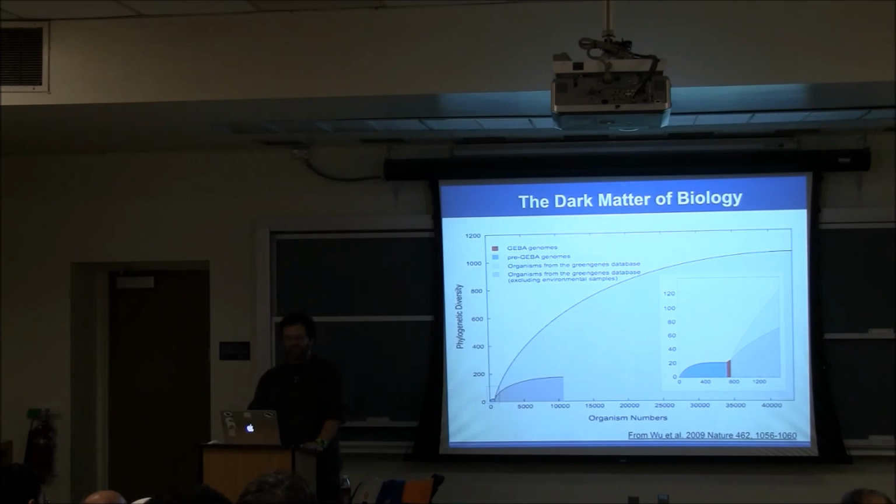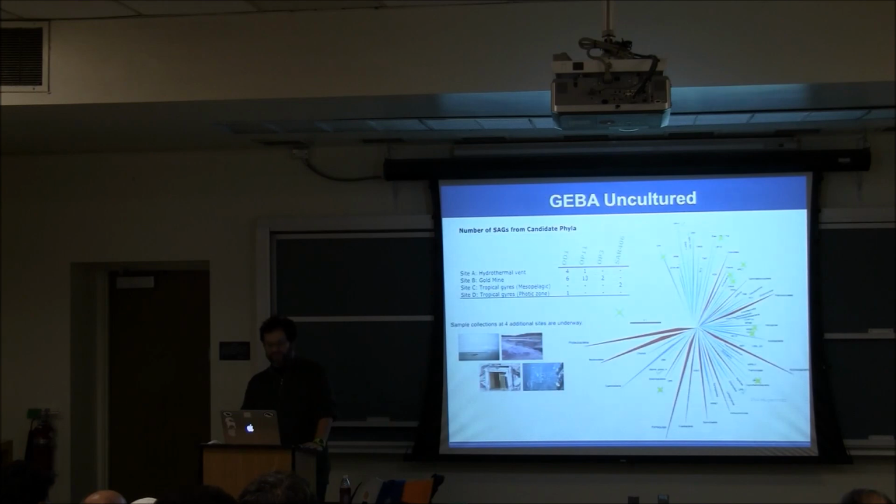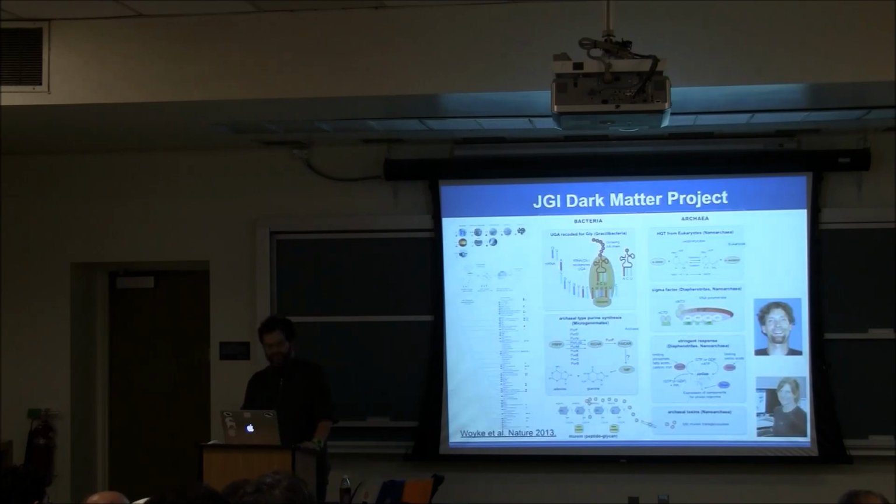And so Tanja Woyke at the JGI led a project that they call the dark matter of biology, which was now marching through the true tree, including uncultured organisms, and using single-cell genomics, where you take a single cell and amplify the genome and sequence the genome to fill in the genomic data from across this diversity of life.